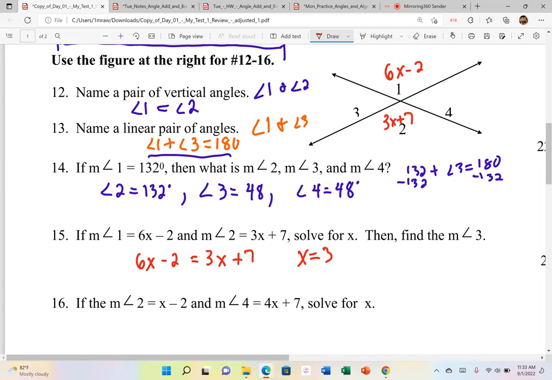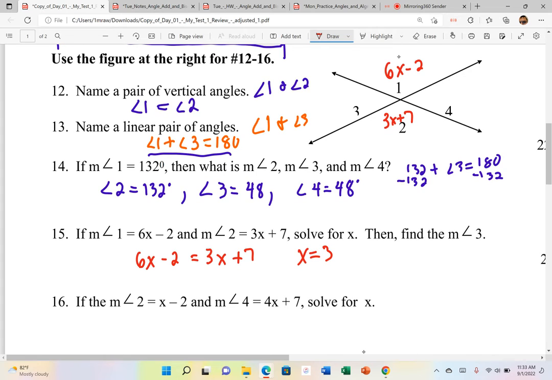If x equals 3, we can find angle 1 by plugging it in here. 6 times 3 is 18. 18 minus 2 is 16.